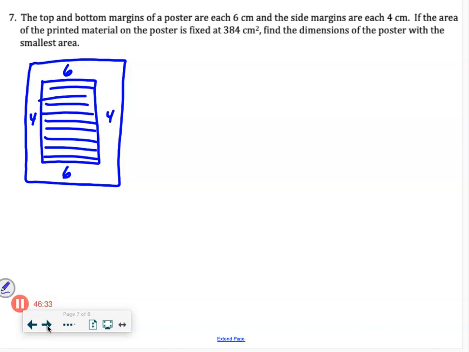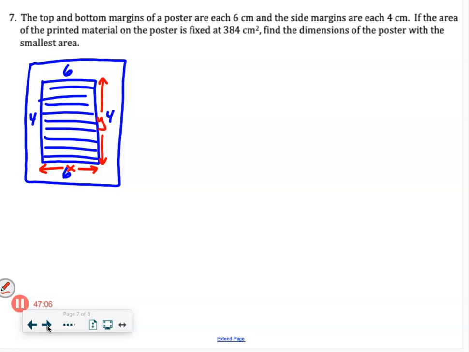I personally, and you could have labeled X and Y as your whole length, I let this distance be X, and I let this distance be Y. You could have done it with the whole thing and then subtracted. I like adding, so I went with the smaller X adding the margins and the smaller Y adding the margins instead of doing the bigger and subtracting the margins. You get the same answer either way.